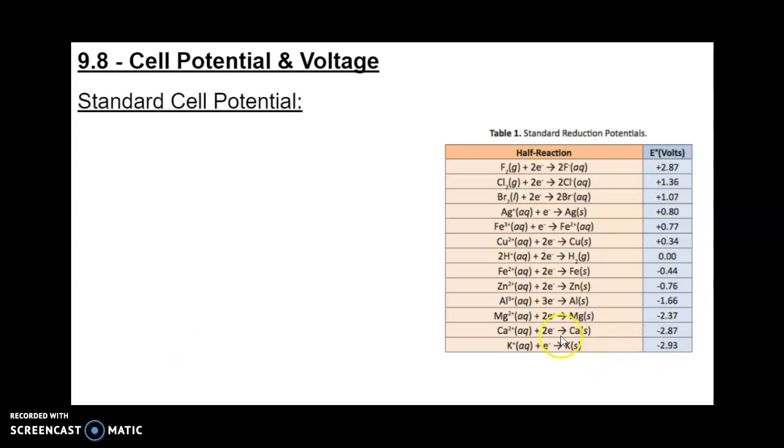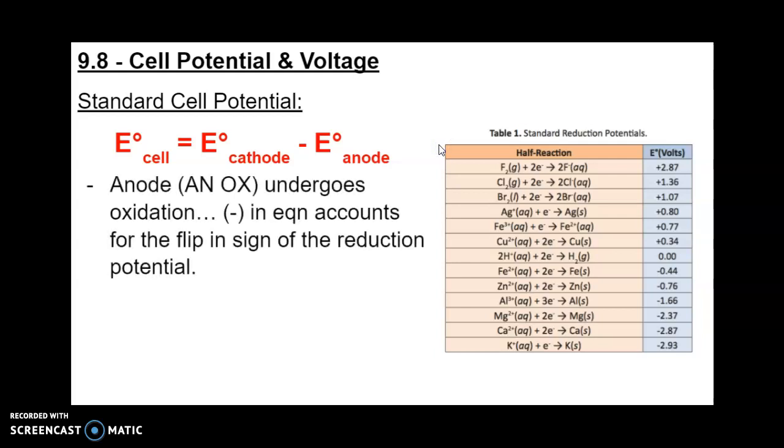Now, as we try to calculate what's happening in an entire cell, we have this standard cell potential equation. This is on your reference sheet. Now, the anode undergoes oxidation. Remember the little mnemonic, anox. And that means that the negative sign in this equation is already accounting for the fact that we have to flip the sign in this equation. So we're not actively going to take something like potassium at negative 2.93 and flip that to positive.